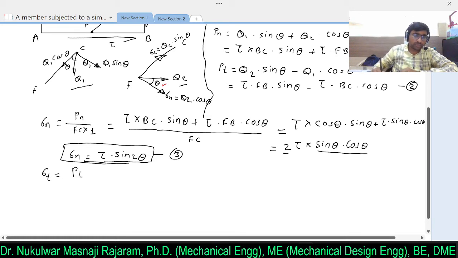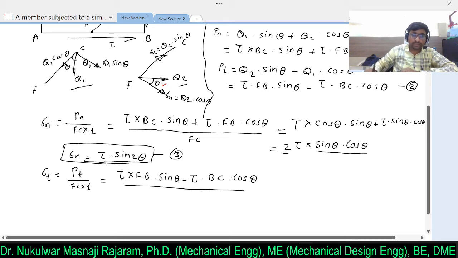Similarly, we can evaluate the tangential stress also. That is equal to PT divided by area FC into 1. So from equation 2, I can rewrite: tau into FB into sine theta minus tau into BC into cos of theta, divided by FC.